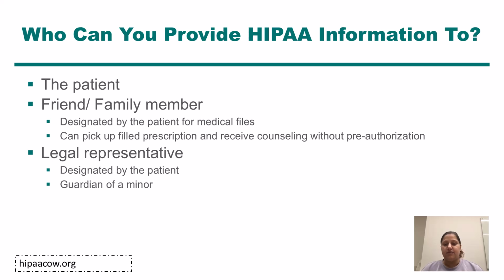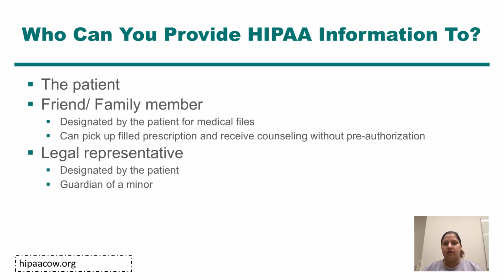However, if the patient wants or needs a friend or family member to pick up paperwork for them that contains any PHI information, they must give pre-authorization to allow us to give that paperwork to that person. And the person also must show an ID to prove they are who they say they are.